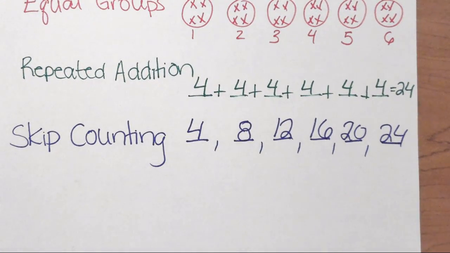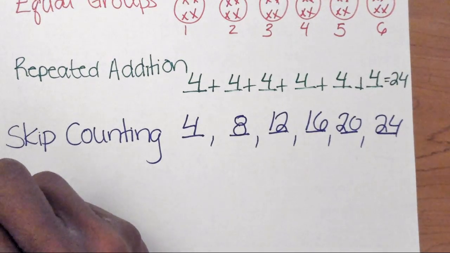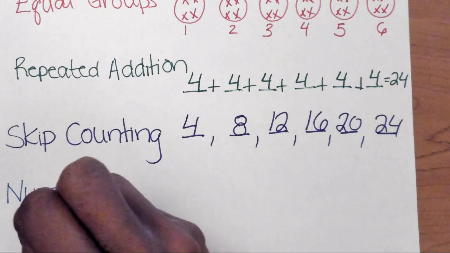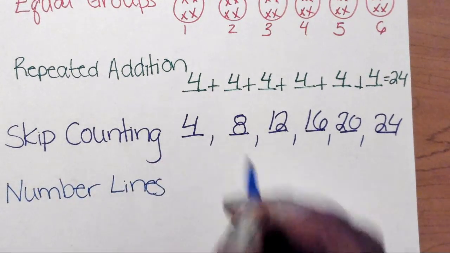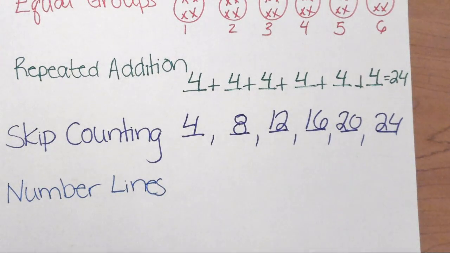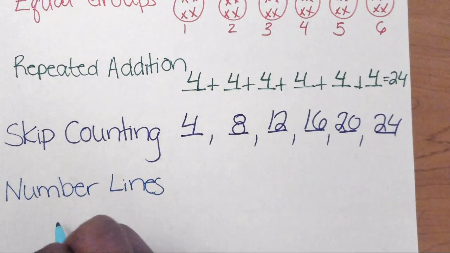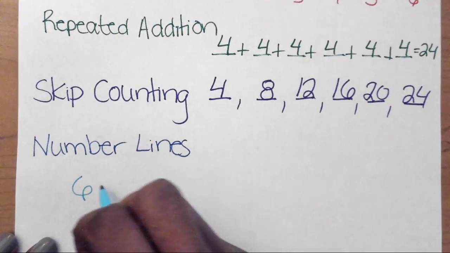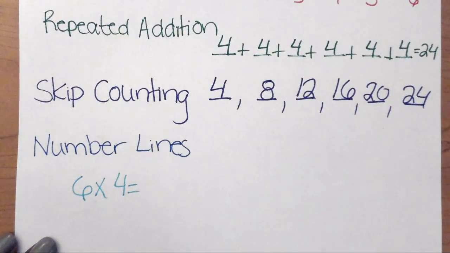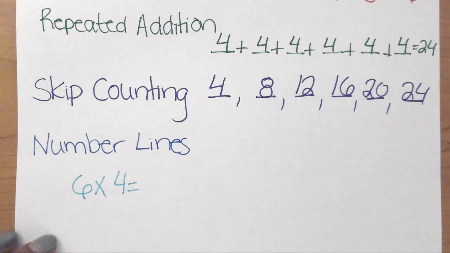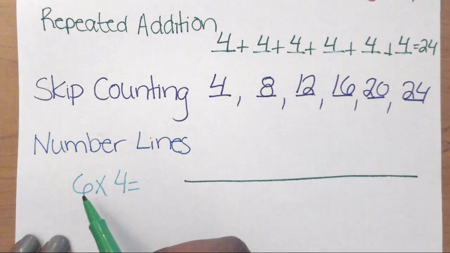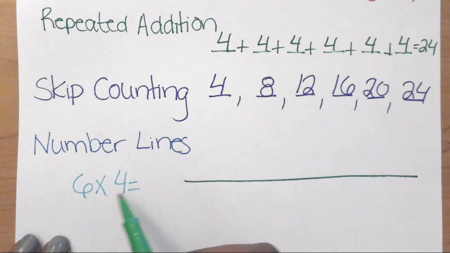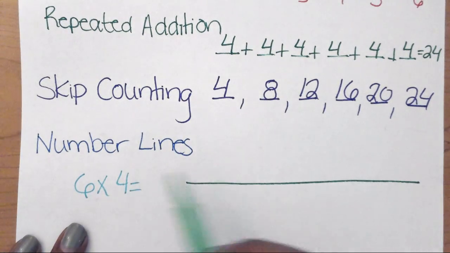Our next strategy that we're going to talk about is number lines. Number lines have become an instant favorite. They use number lines in almost every operation that they do. With number lines, we use it a bit differently. I'm going to rewrite the equation down here. 6 equal groups of 4. Our number line, we normally say 6 equal groups of 4, but for number lines, we say 6 equal jumps of 4.